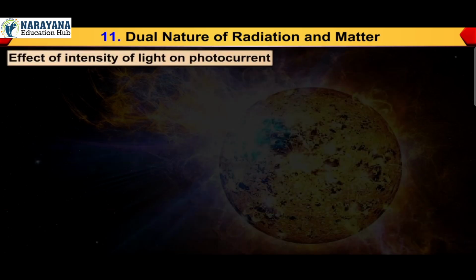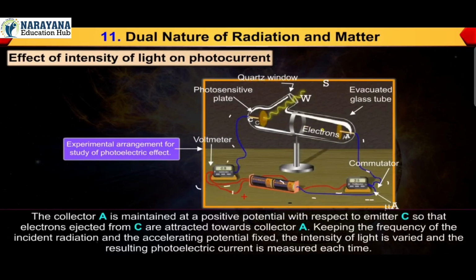Effect of intensity of light on photocurrent. The collector A is maintained at a positive potential with respect to emitter C, so that electrons ejected from C are attracted towards collector A. Keeping the frequency of the incident radiation and the accelerating potential fixed, the intensity of light is varied and the resulting photoelectric current is measured each time.